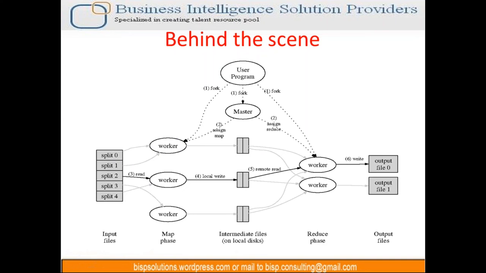Why is it done so? Can you guess why it is written on a local disk and not on the HDFS? Because your input splits are in HDFS, but why are we not writing these key value pairs on the HDFS? Why are we writing them on the local disk? Local disk means if this worker is running on node number 1, it will write this intermediate output on node number 1. This one will write it on node number 2 and this one will write it on node number 3, on the local disks of nodes 1, 2 and 3.